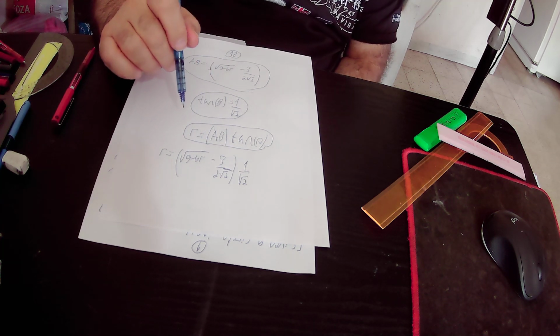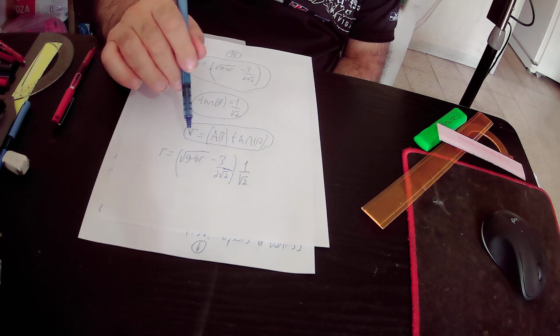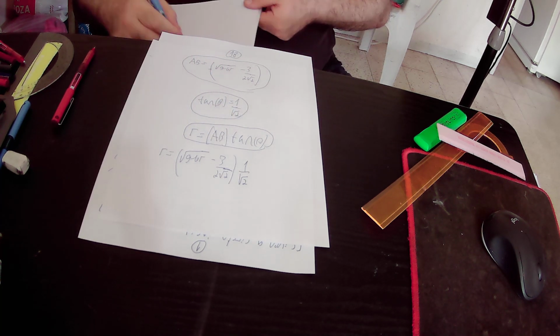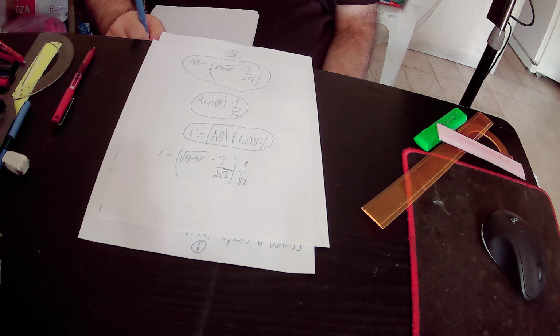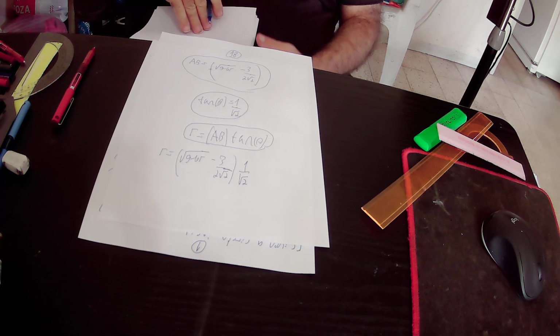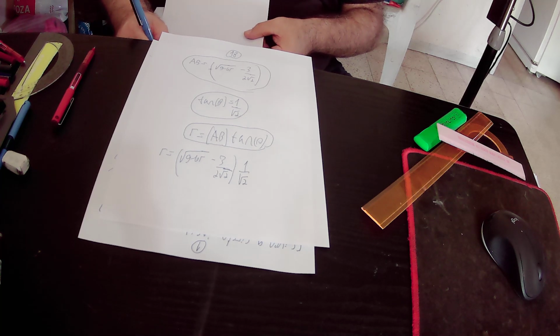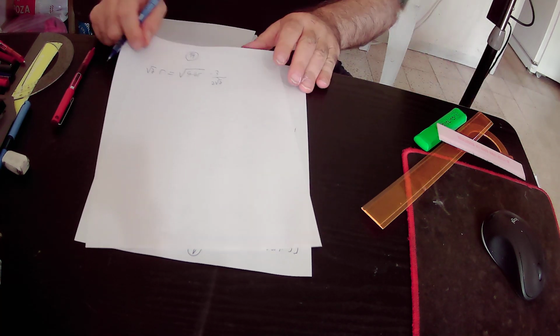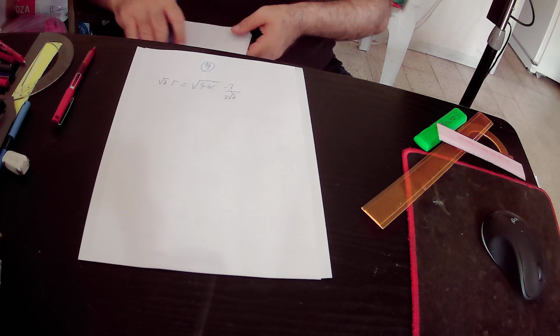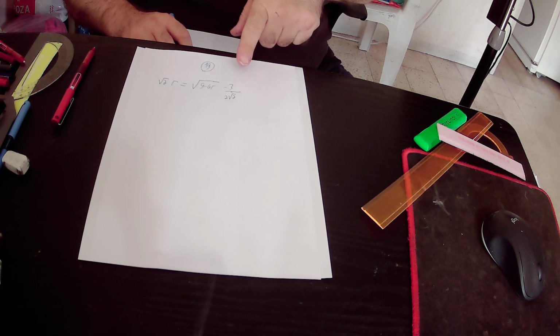Here we will multiply this equality by root 2, and we will get that root 2 times the radius of the small circle equals the root of 9 minus 6r minus 3 over 2 times root 2. So here we will add to this equality 3 over 2 times root 2.